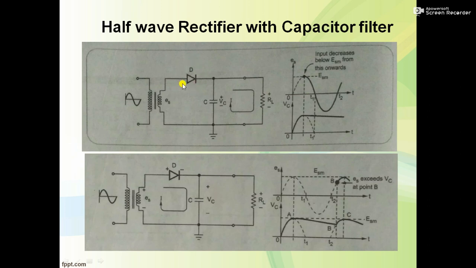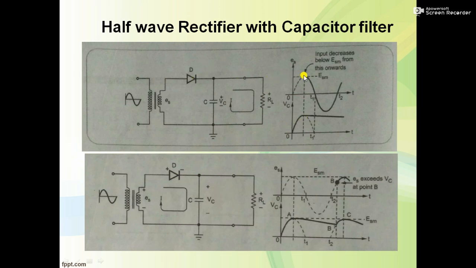When it is reverse, no current flows through the capacitor as well as R. So this part of the signal indicates the capacitor is not charging. From 0 level to this peak point, the capacitor is in charging condition, because the diode is forward biased, so current flows through the diode as well as the capacitor. When current flows through the capacitor, it becomes charged from 0 to peak.